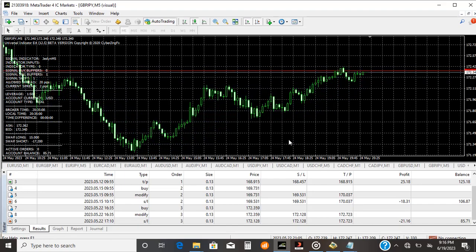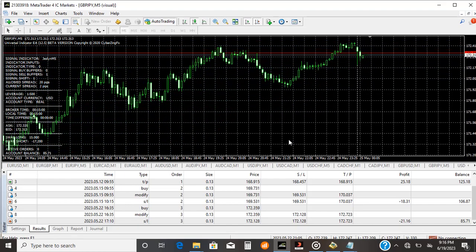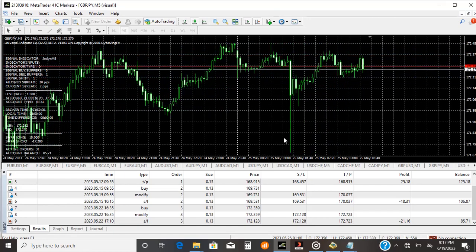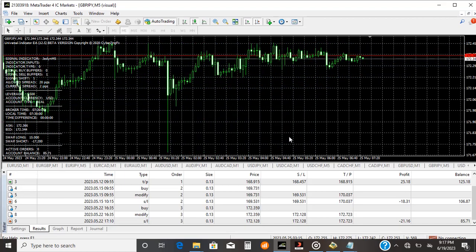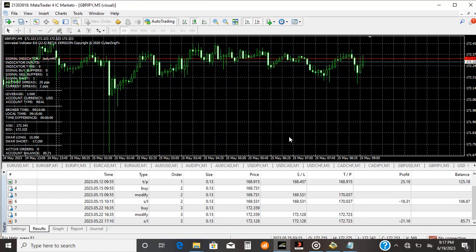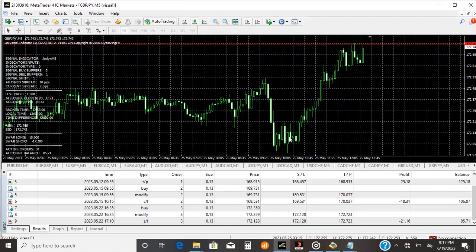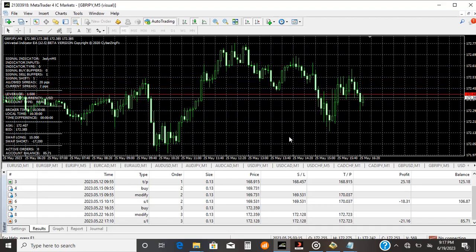So as a forex trader, if you don't like the idea of EAs, you can decide to also take these trades manually. That's one of the reasons why it's not coded as an EA, so you have the chance to take trades manually by yourself.